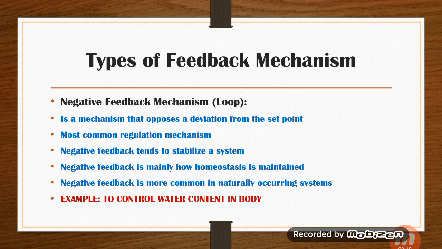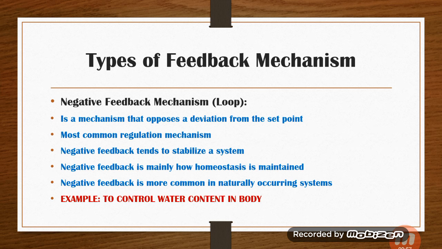Most common regulation mechanism is the negative feedback mechanism. Self-regulated mechanism. For example, a change would occur in the body and it would be corrected by the body itself. Negative feedback tends to stabilize a system, means it creates a stability in the system, a stability in your body.